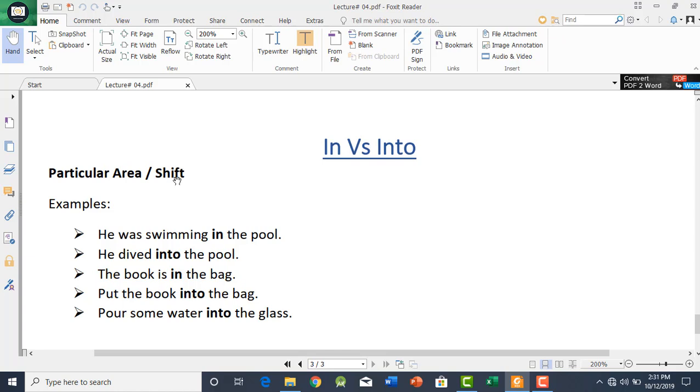So shift areas is directly associated with into, so that's why into is used in that situation. And the book is in the bag, because we are not shifting the book in this sentence. We are talking about a particular area, that is the bag. So in is used in this situation.